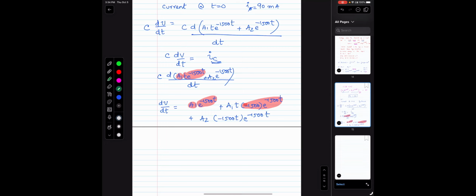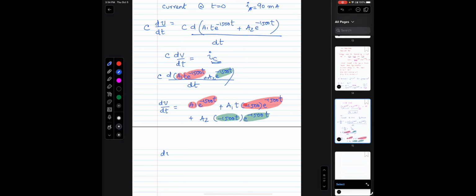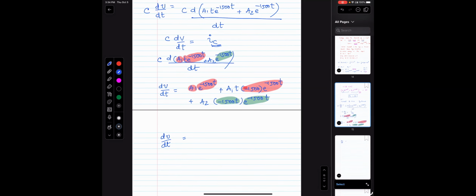Similarly, e to the negative 1500 t gives negative 1500 multiplied by that guy. Once you do the derivative dV by dt, you'll see its expression, and you can plug in a value of t equals 0.